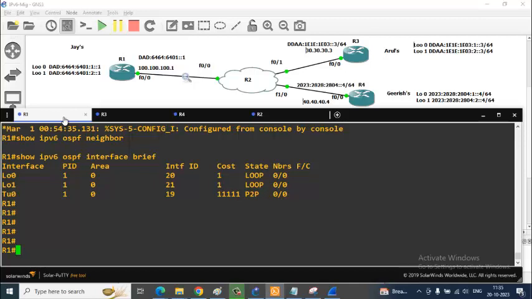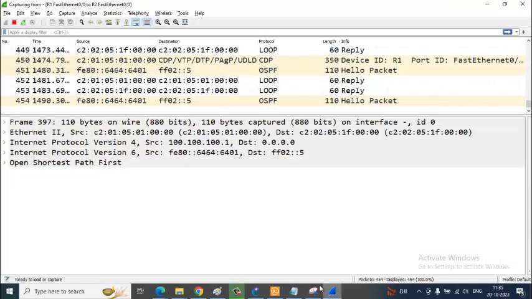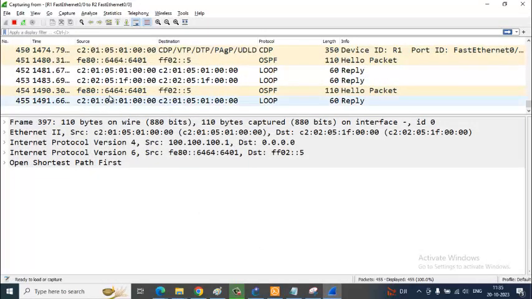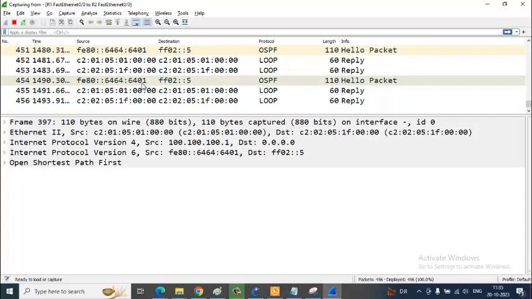There is no need of default route. The problem is OSPF is sending to a multicast address, but R3 and R4, no, that's not the issue. In R3 and R4, I'm not seeing 64, 64, 64, 1.